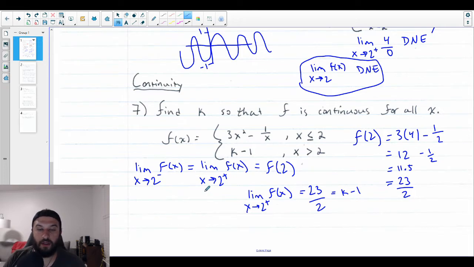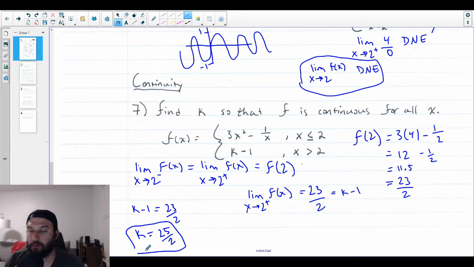So do some quick algebra here. K minus 1 equals 23 over 2. Add 1. You get k equals 25 over 2. Or 12.5, if you like that better. Don't care.